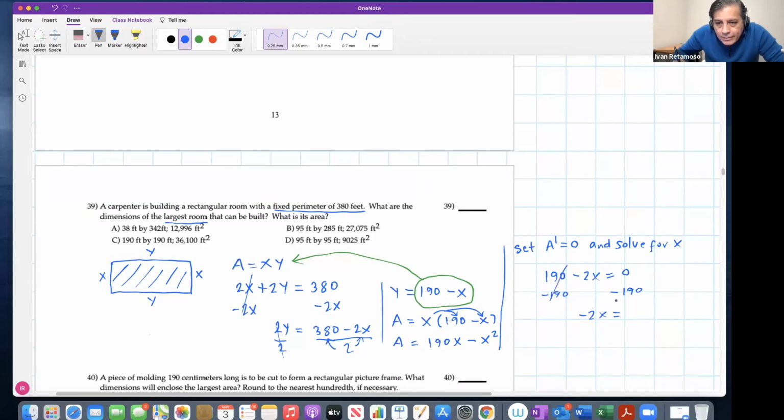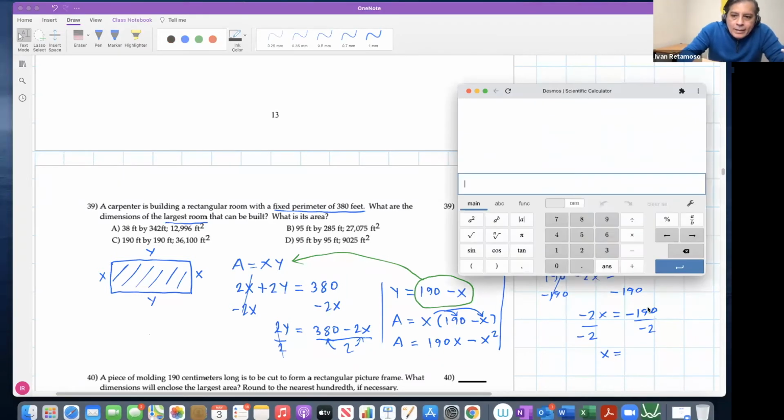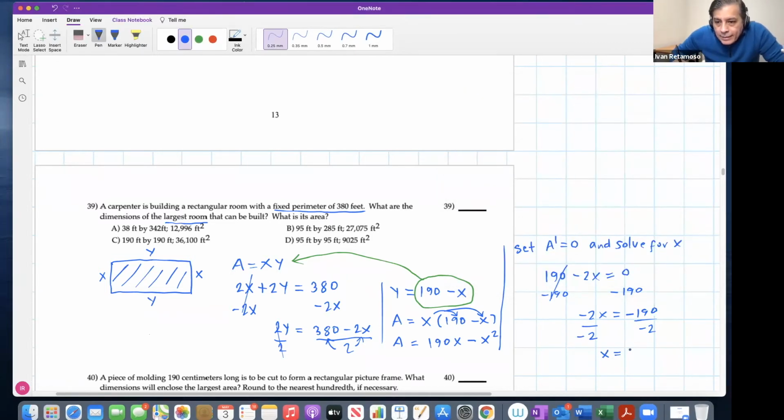So I'm going to subtract 190 on both sides and then divide both sides by -2. So I end up with 190 divided by 2. What is that? Well, 95. And in the end, you may attach units.